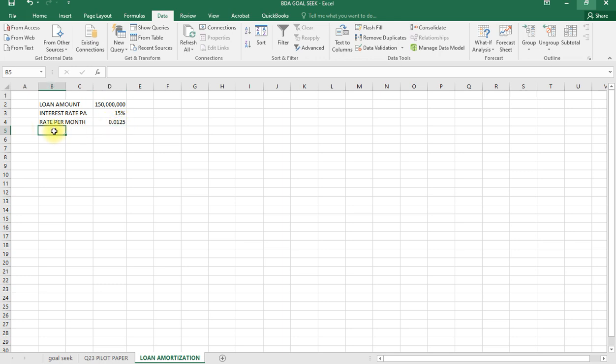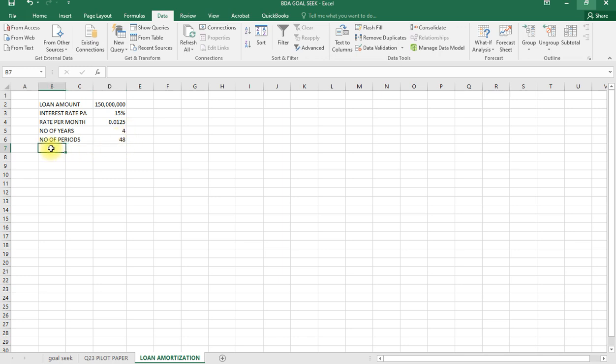The number of years, we are told there are 4 years, which will translate to the number of periods. There will be 48 periods, which is 4 multiplied by 12 months in a year, which gives us the 48 periods.